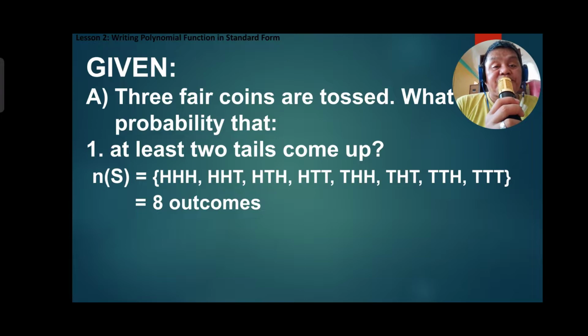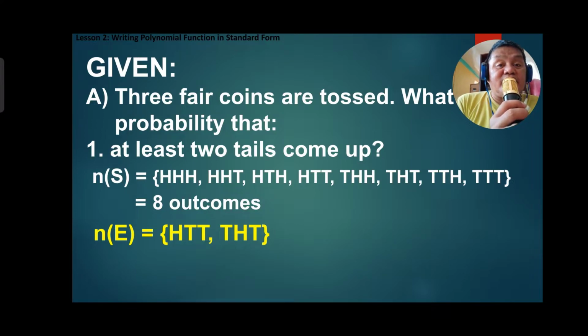This time, we are going to find the number of outcomes in the event at least 2 tails come up. So we have first the head and 2 tails, and next we have tail, head, and tail.